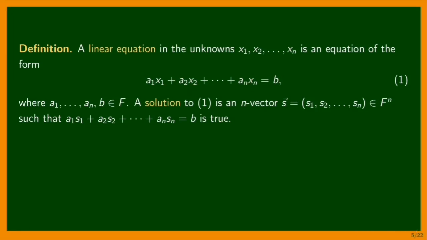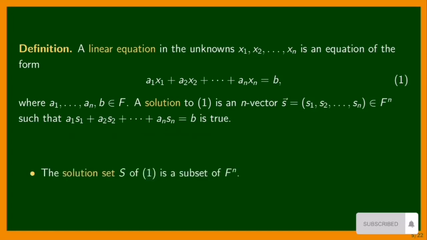Because there is more than one unknown in this case, a solution could be represented by an n-vector. So, formally, a solution to this equation is just an n-vector of scalars, so that if we substitute s1 for x1, s2 for x2, sn for xn, this makes the equation true. True meaning both sides of the equation give us the same result.